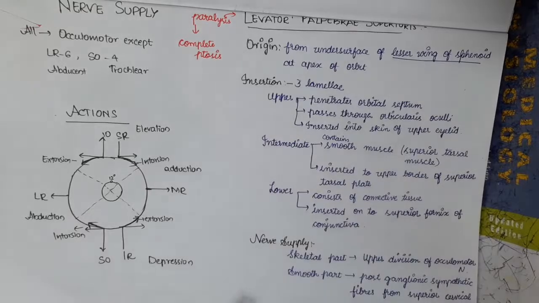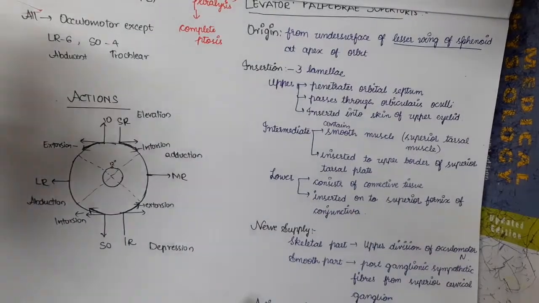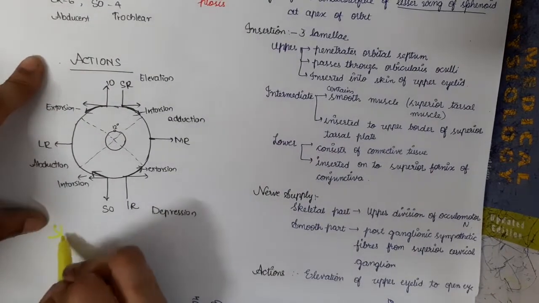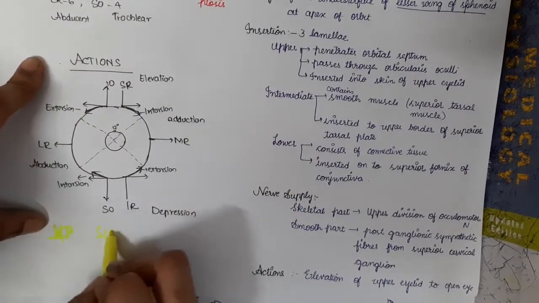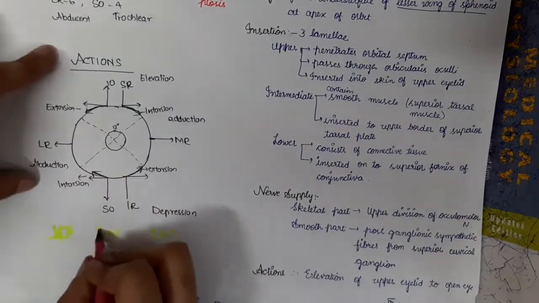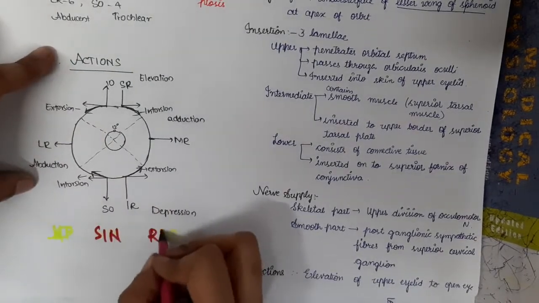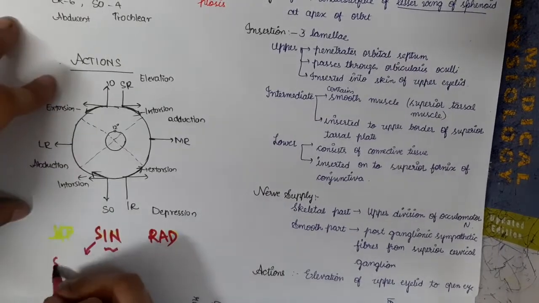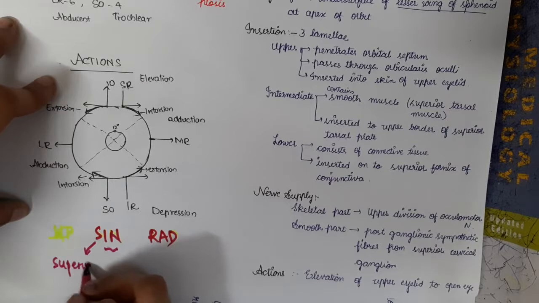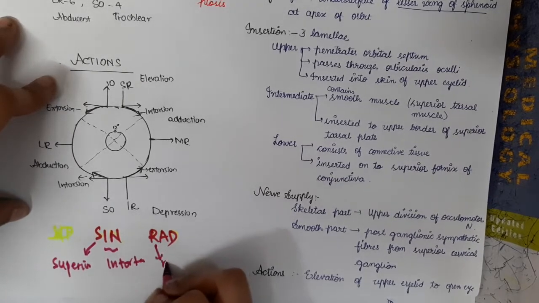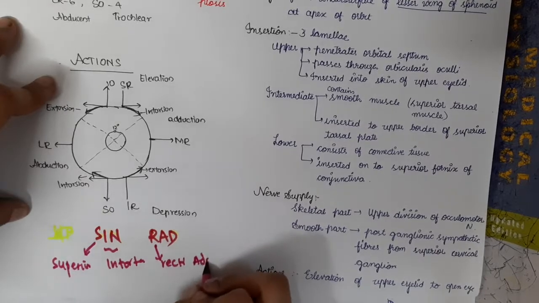Now, if you see the actions of the superior rectus or oblique muscles, I remember it by SIN RAD. So what does this SIN RAD mean? SIN: all superiors are intorters, whereas RAD: all recti are adductors.